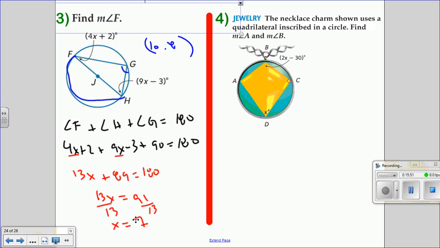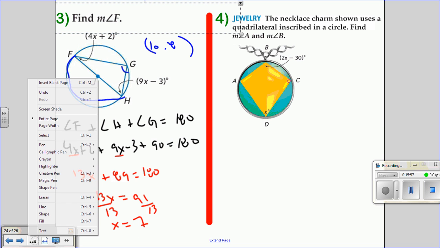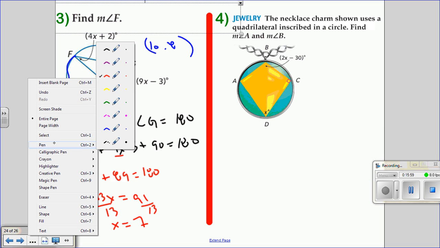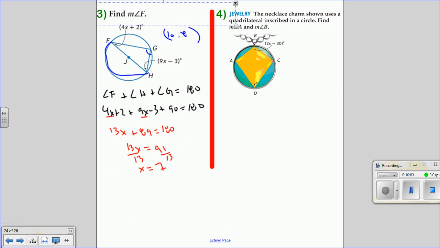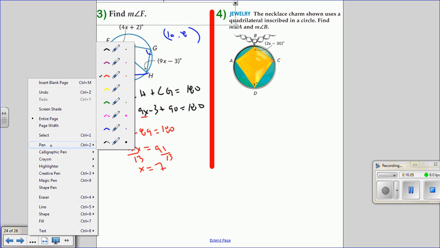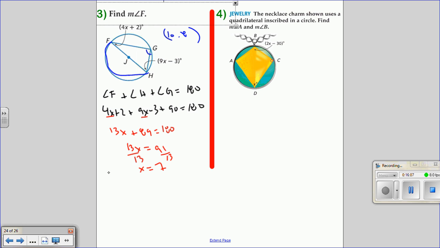I'm pretty sure it's 7. But again, I'm not finished because it doesn't want us to find x. It wants us to find the measure of angle F. So F was equal to 4 times x plus 2, so 4 times 7 plus 2. 4 times 7 is 28, and 28 plus 2 is 30. So the measure of angle F is 30 degrees.